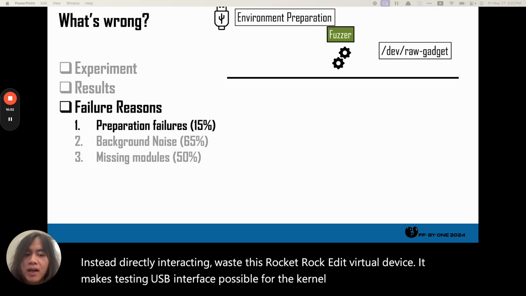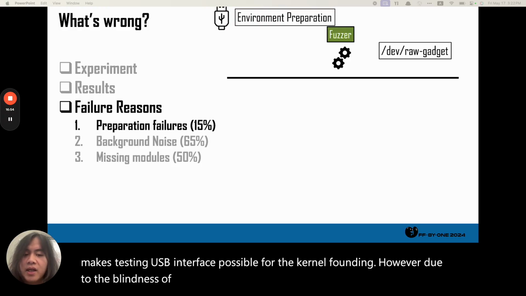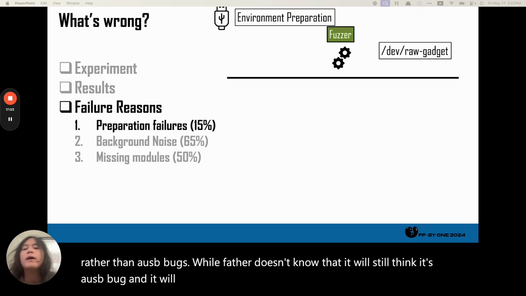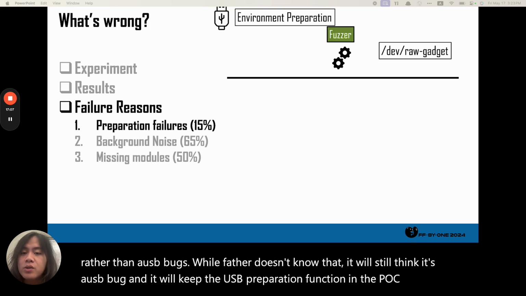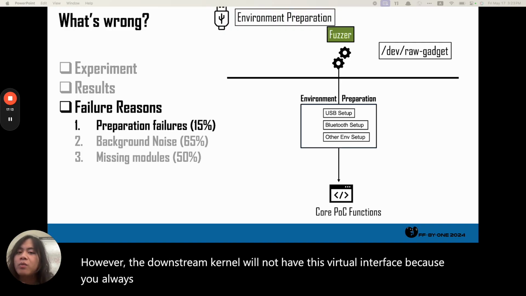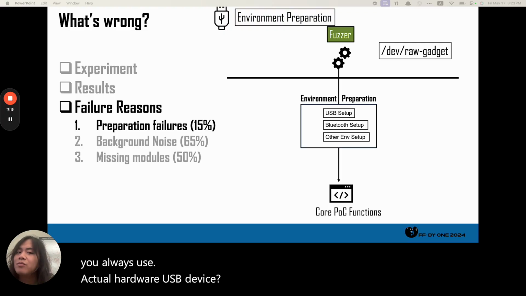However, due to the blindness of the kernel fuzzer, it may find a completely irrelevant bug rather than a USB bug. The fuzzer doesn't know that, so it will still think it's a USB bug and keep the USB preparation function in the POC. However, the downstream kernel will not have this virtual interface, because you always use actual hardware USB devices when you're using Ubuntu, right?